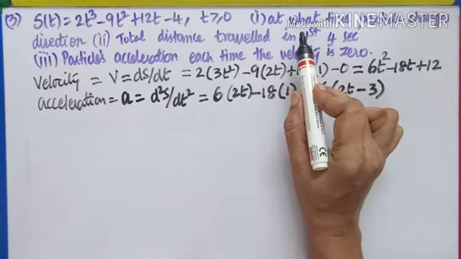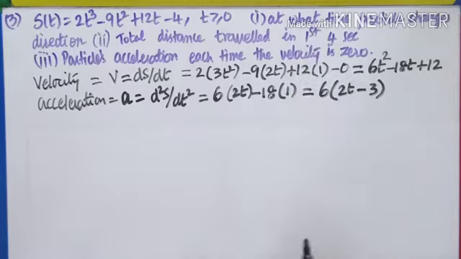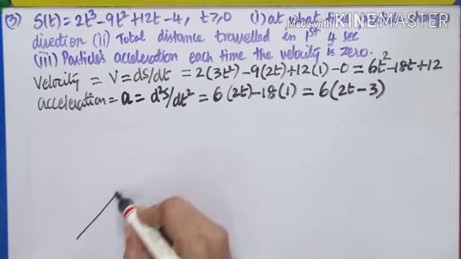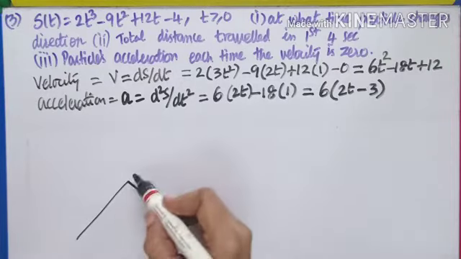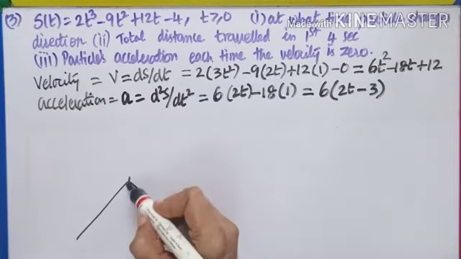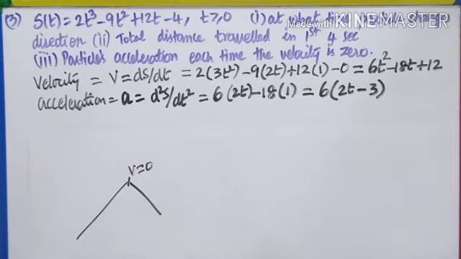Now coming back to the question, at what time the particle changes direction? See, a particle is going this way. When it is changing the direction, suddenly it cannot change. At this point, velocity should become 0. Again, if it is changing the direction, at this point, velocity should become 0.